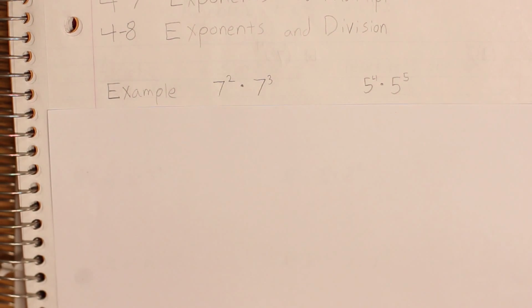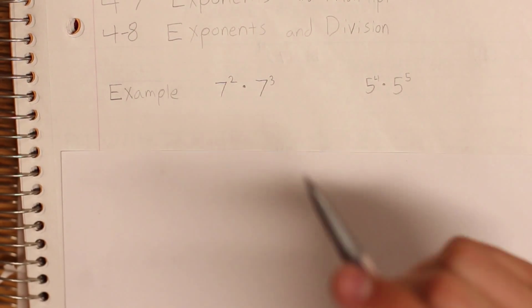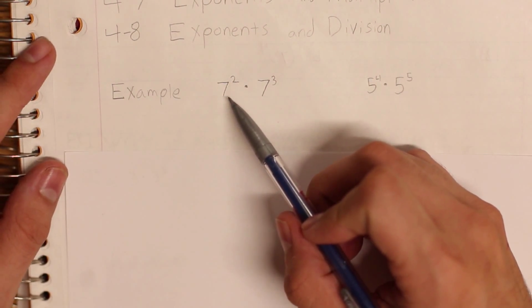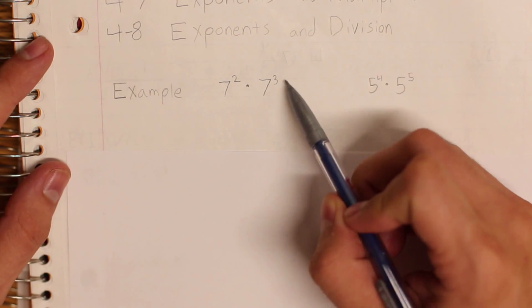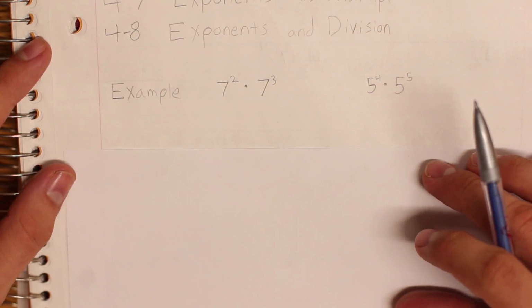Alright, first we need to go over some pre-examples. These are examples that I will work out right here for you. We need to understand some things. Let's say you have something like 7 to the second power times 7 to the third power.